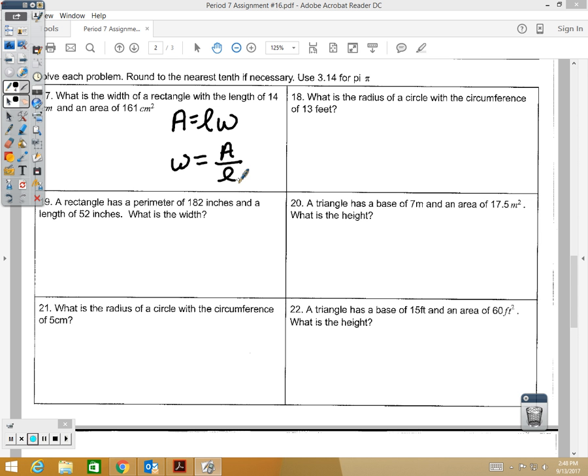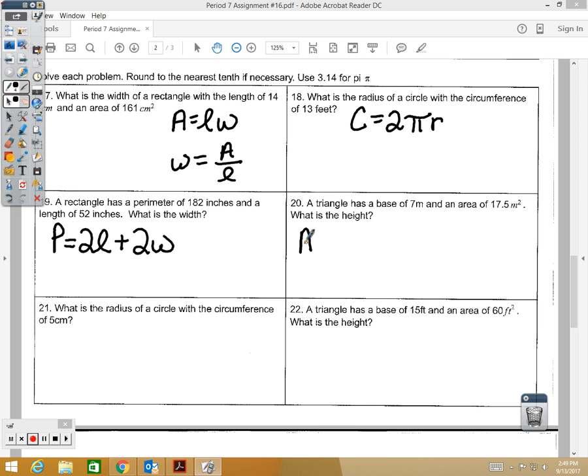So number 18, circumference of a circle. Circumference equals 2 pi r. And it says to use 3.14 for pi. Number 19, the perimeter of a rectangle. Perimeter equals 2 times the length plus 2 times the width. And they want you to get the width, so you have to get the W by itself to solve. Number 20 is the area of a triangle.